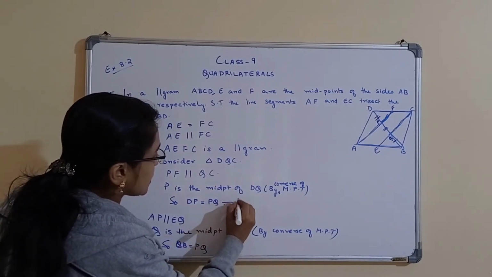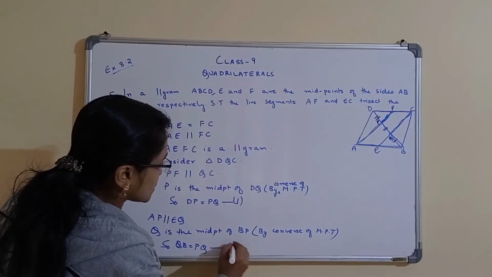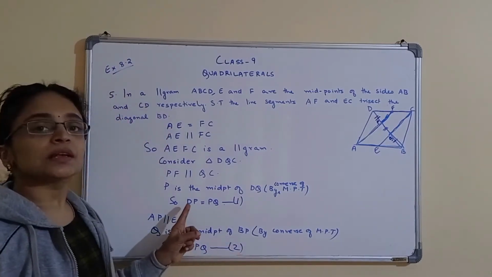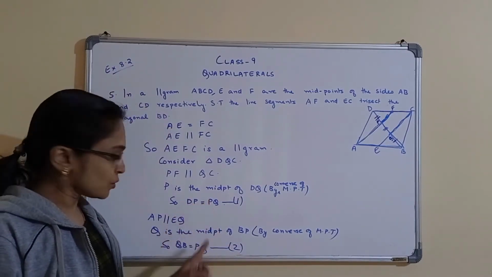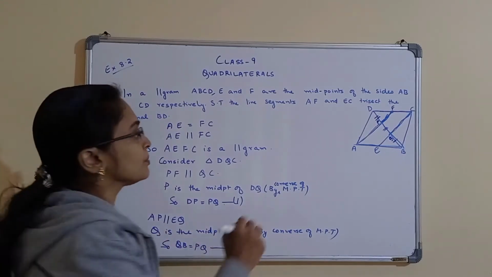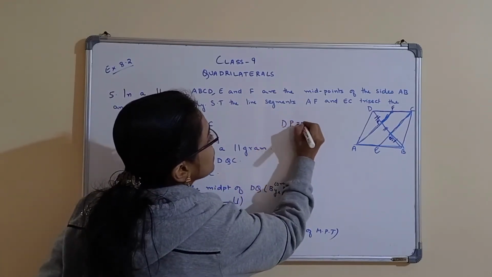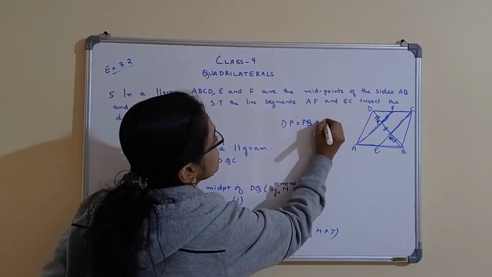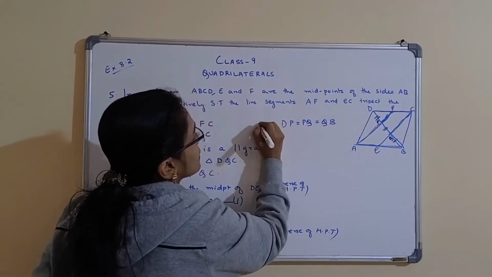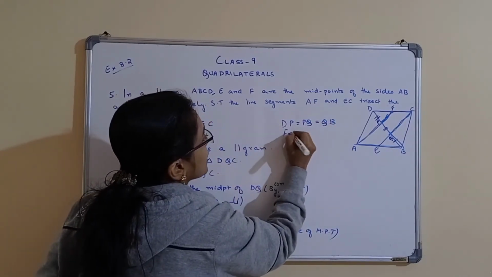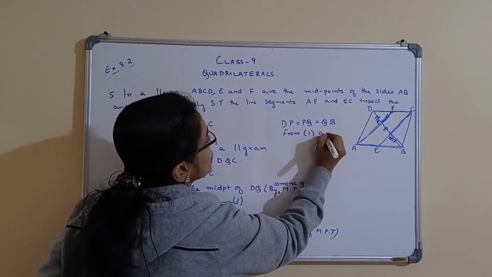This is equation 1 and this is equation 2. Which means DP is equal to PQ is equal to QB, from 1 and 2.